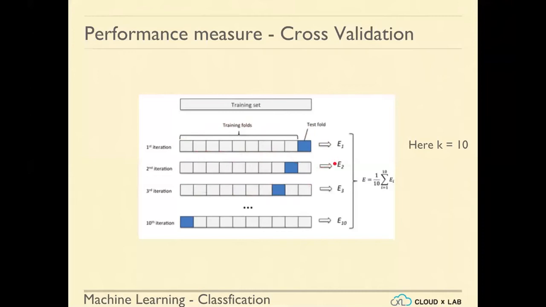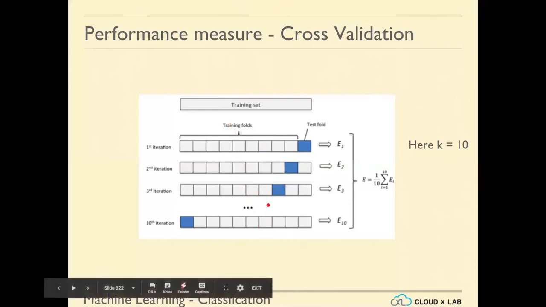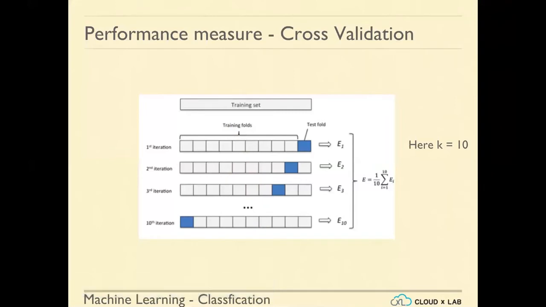Now, the question is, how do we select the test fold? We shuffle this data and break it down into 10 parts, and that's how we create these folds. A question from Deepak is, how do we extract different test folds without repeating the same set of test folds?